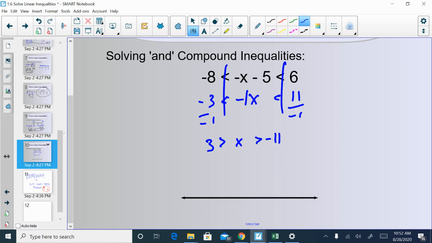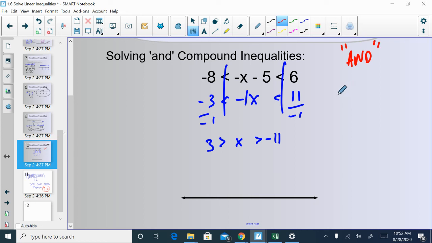And I guarantee I'm going to see this answer as the correct, in quotes, answer on multiple quizzes and tests. However, this is the wrong answer because it violates something that I talked about right away when we talked about compound inequalities. And that is that I said that and inequalities have to be written in a certain way.